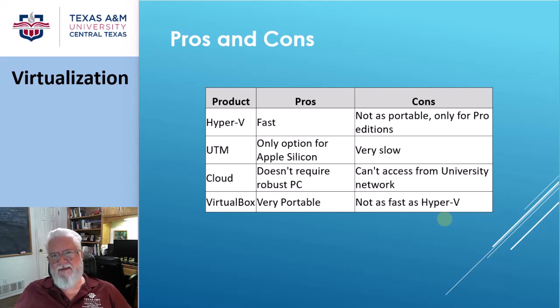Well, that sucks. So which leaves us to VirtualBox. It's very portable. It's not as good as Hyper-V in a lot of scenarios, but man, it certainly checks all the boxes. So I would recommend that you use VirtualBox, and we have an upcoming video that basically explains how to install and configure it. Okay, so please pay attention to the next video.